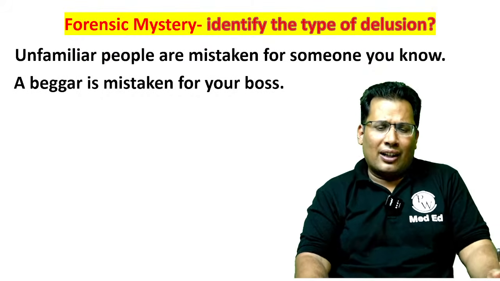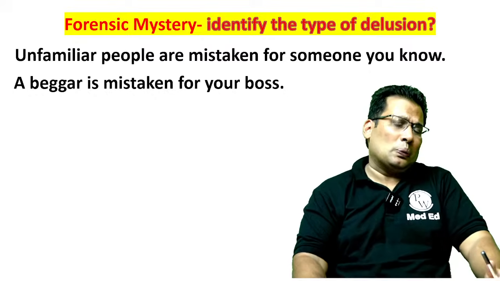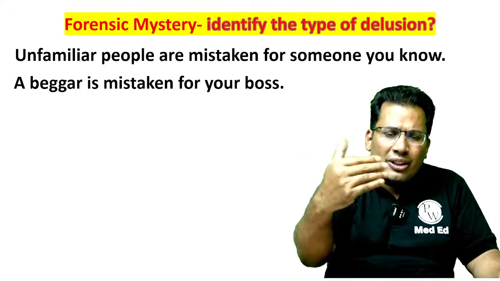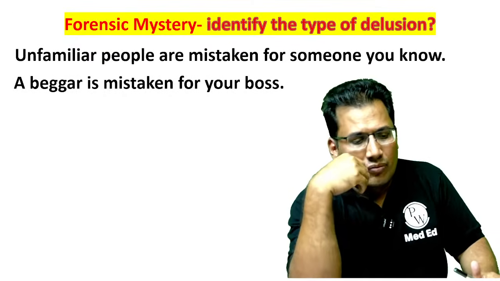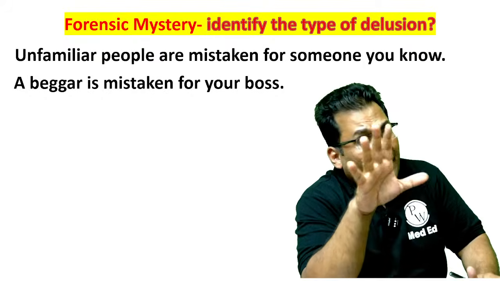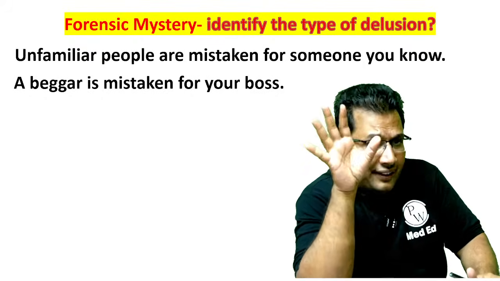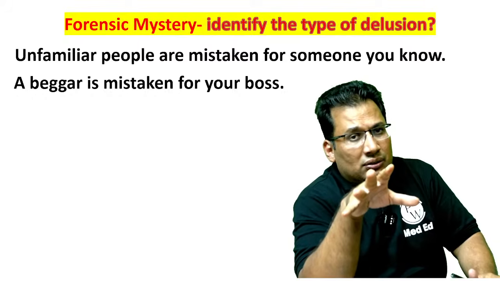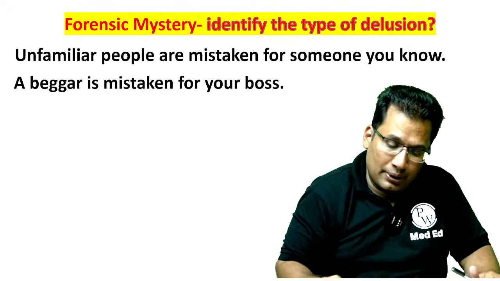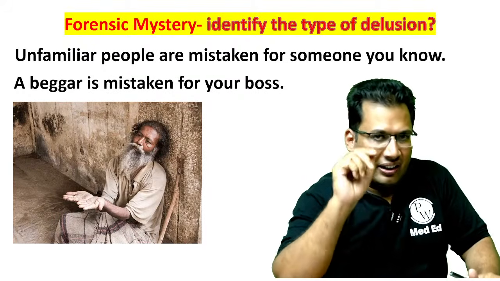Unfamiliar people are mistaken for someone you know. A beggar is mistaken for your boss. A mentally ill person thinks that a beggar is the boss. Like in this example, a beggar is there.